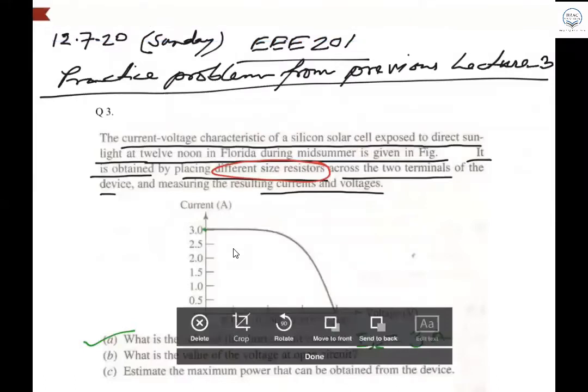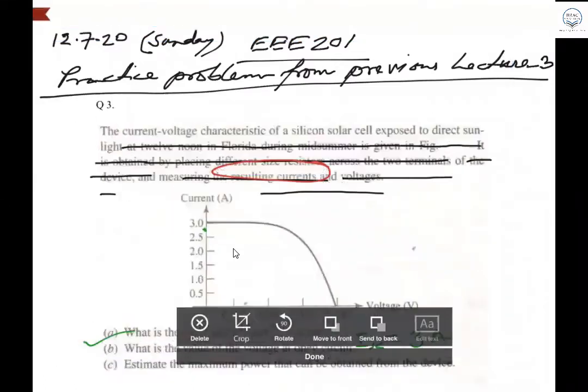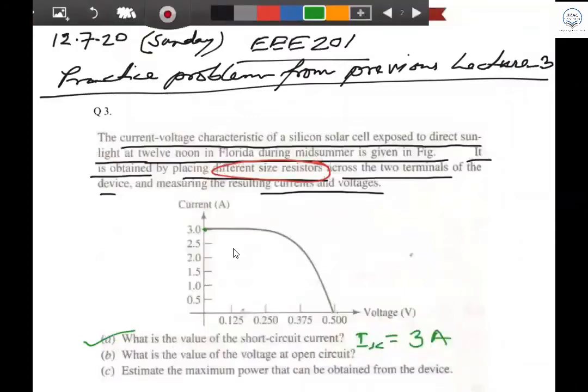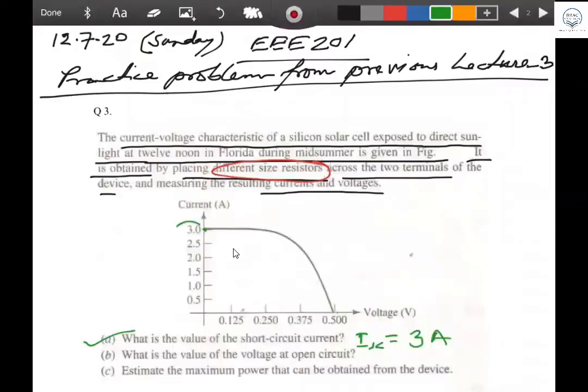This point is actually (0, 3), which is the short circuit current. So 3 ampere is the answer to this question.